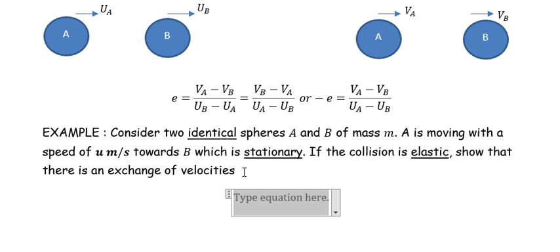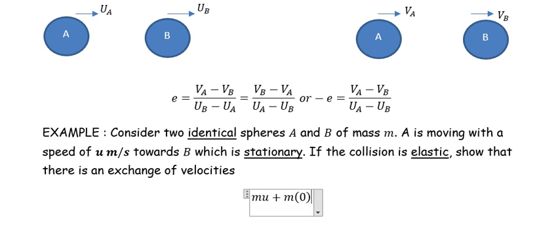So from the principle of conservation of linear momentum, the momentum before collision is equal to the momentum after collision. The mass of A is m, the initial velocity of A is u because it is moving towards B. We are assuming that it was moving to the right, and going to the right we conventionally say you are moving in the positive direction, plus the mass of B is also m because A and B are identical spheres.